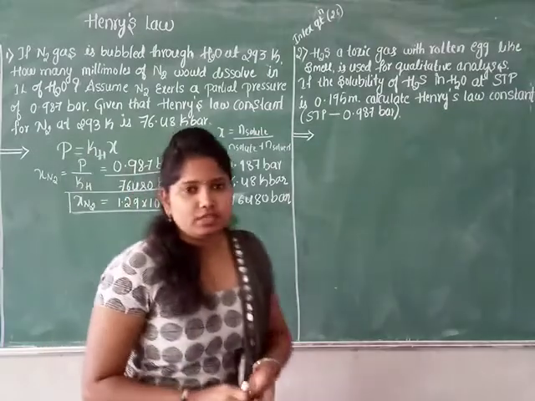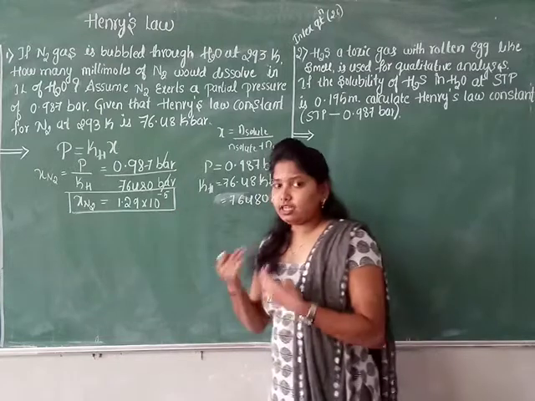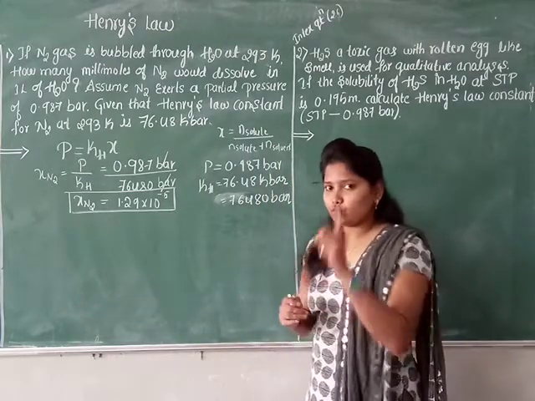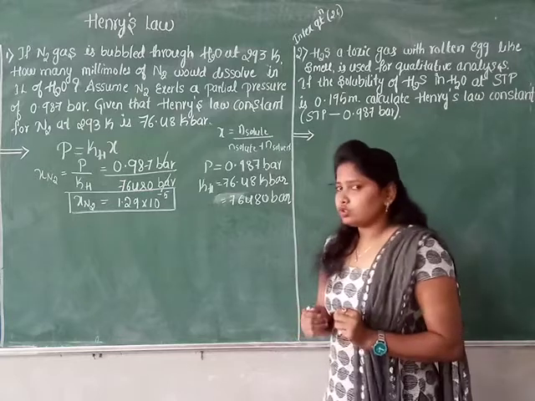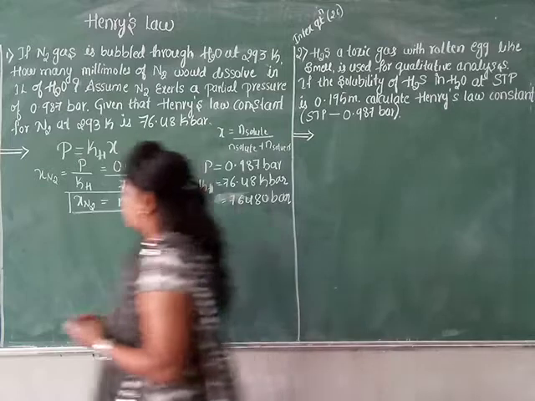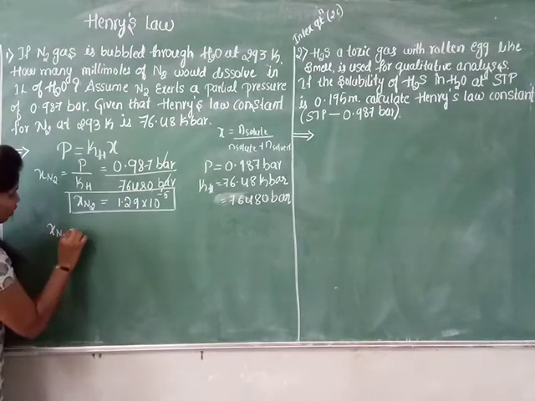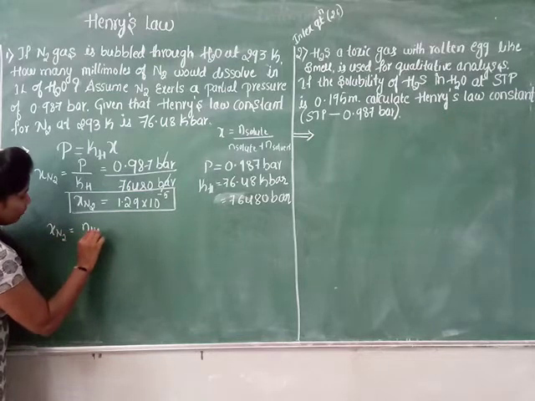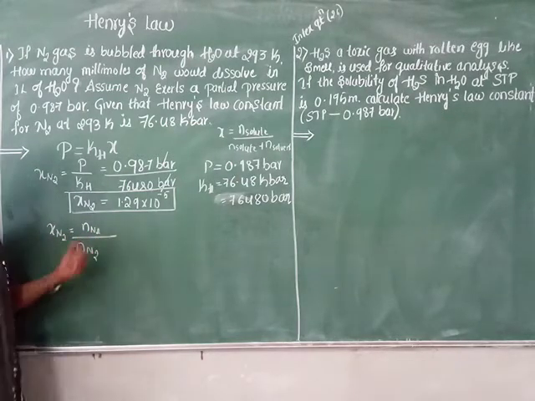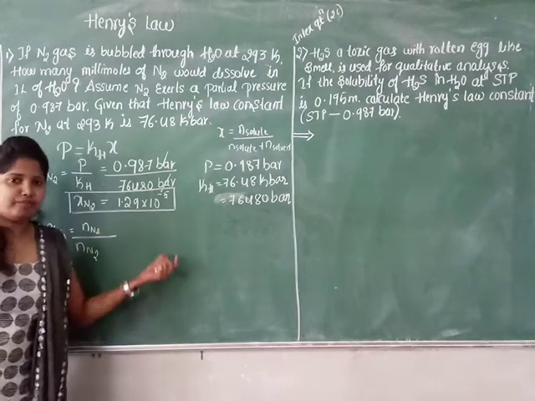By using this value, you can calculate the number of moles of nitrogen gas dissolved in 1 liter of water. So we know the formula of mole fraction, that is xN2 is equal to nN2 divided by nN2 plus nH2O, that is number of moles of solute divided by number of moles of solute plus number of moles of solvent.